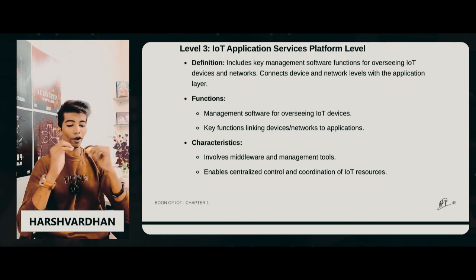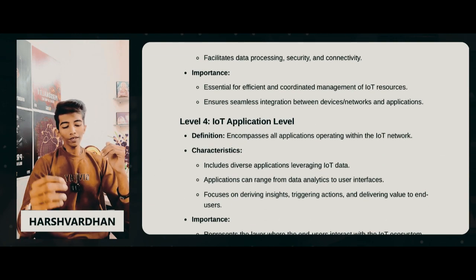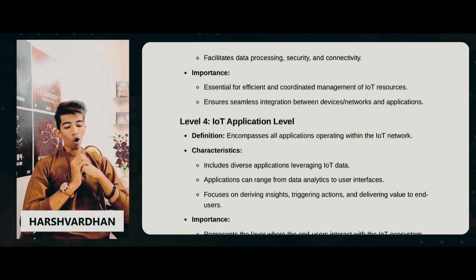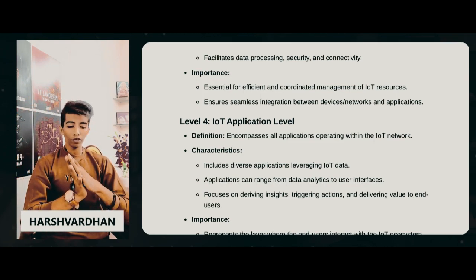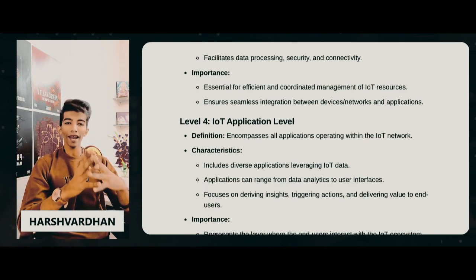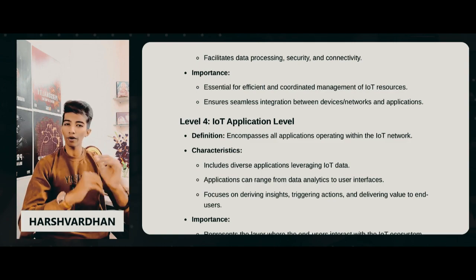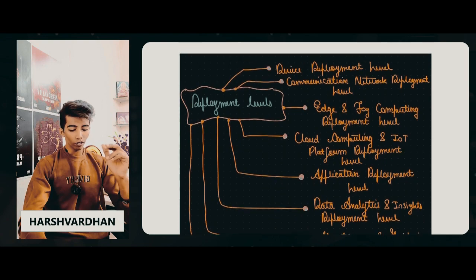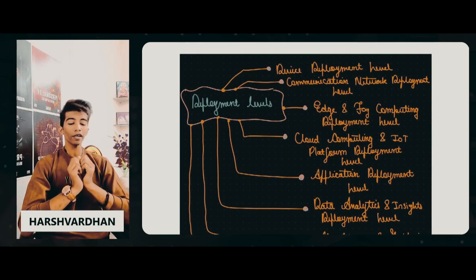After that we have the IoT application level, which is the topmost level, and it consists of all kinds of applications operating within that IoT network. So it is the basic hierarchy, or the reference architecture, of IoT, right? Now when we talk about deployment models, IoT contains different kinds of deployment levels.